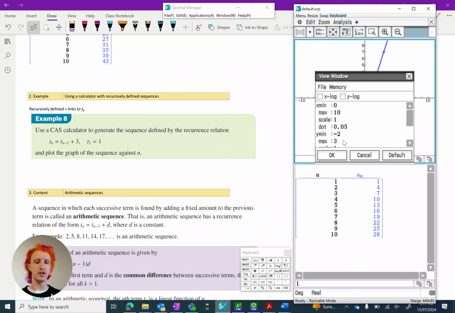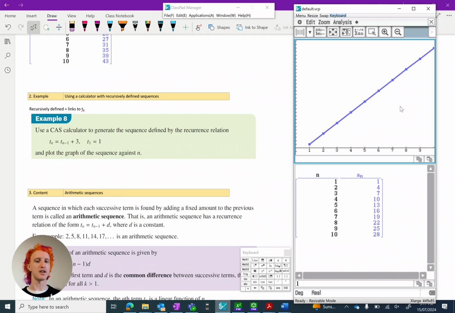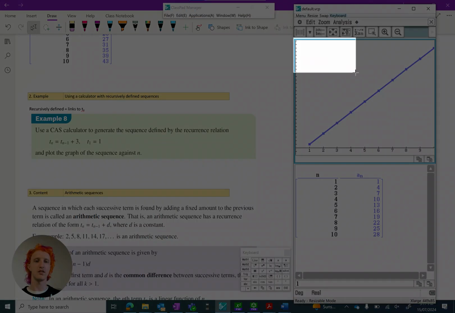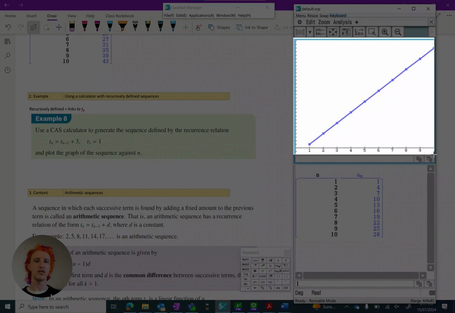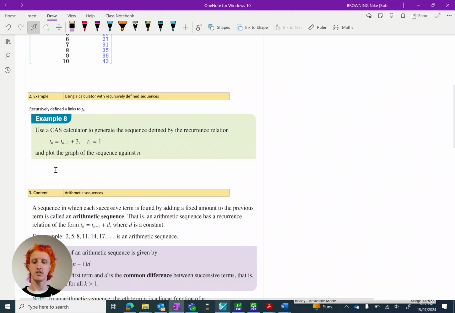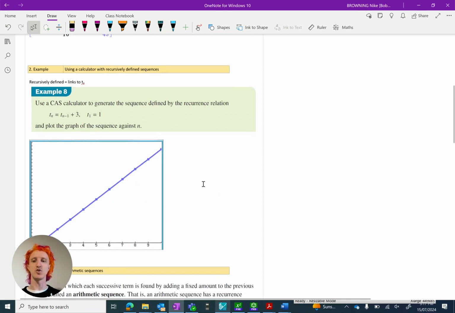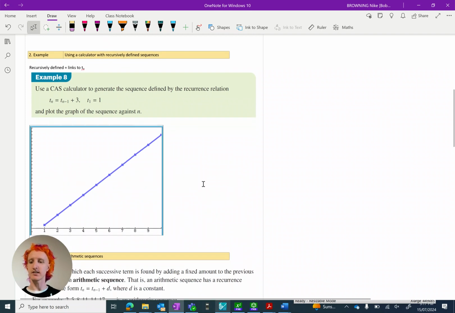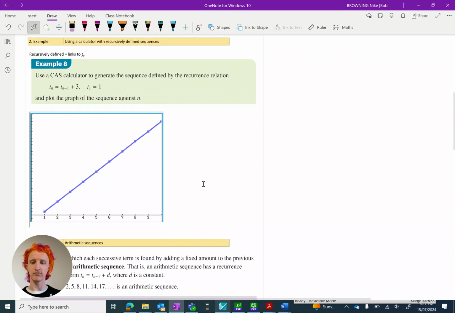Up to 30. Okay. And then we can see the axis down the bottom and our n. You can also see that is our linear graph as it's going up by a constant each time. Similar to 3x minus 2-ish.